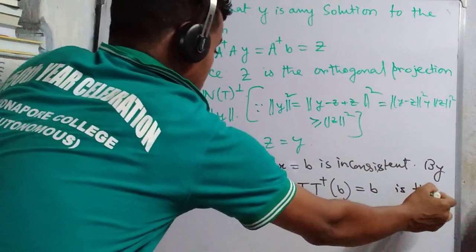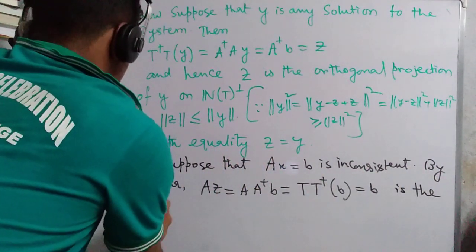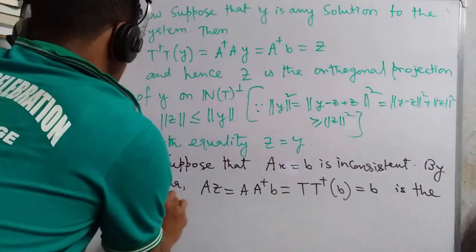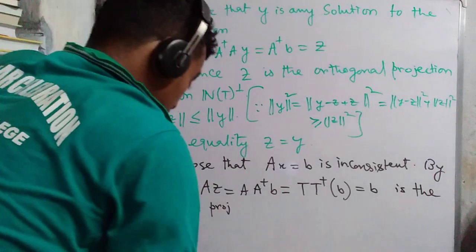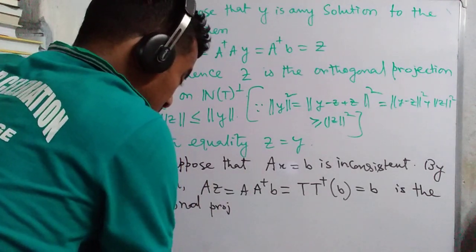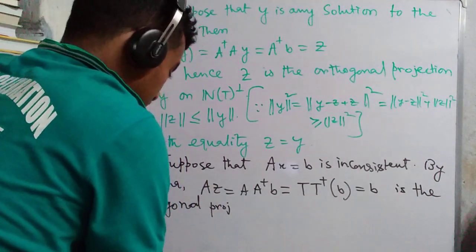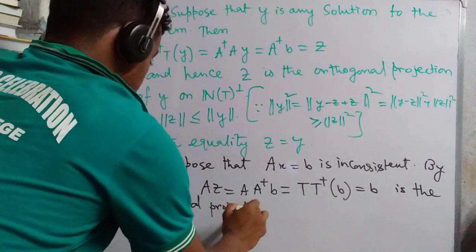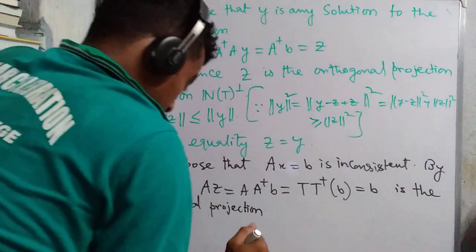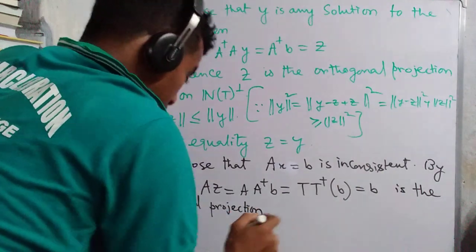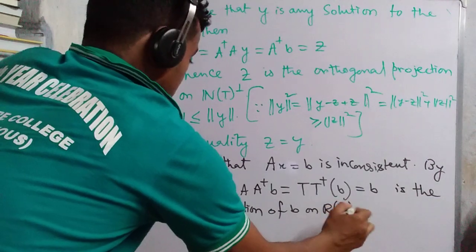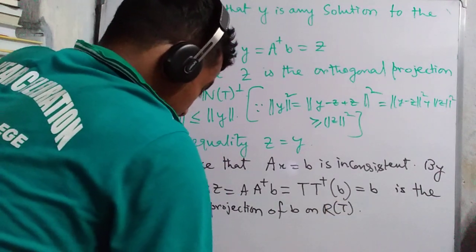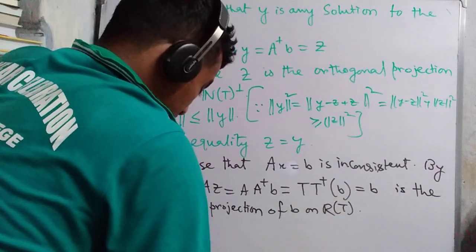Is the orthogonal projection of b on Rt. Okay, this one is the orthogonal projection of b on Rt. Okay. Therefore what happened?